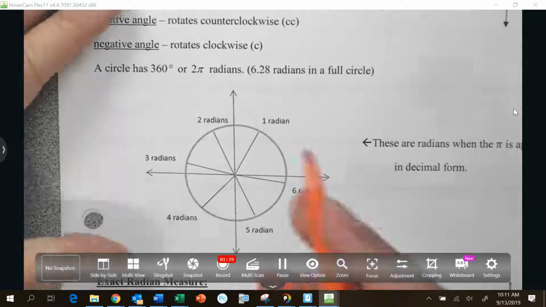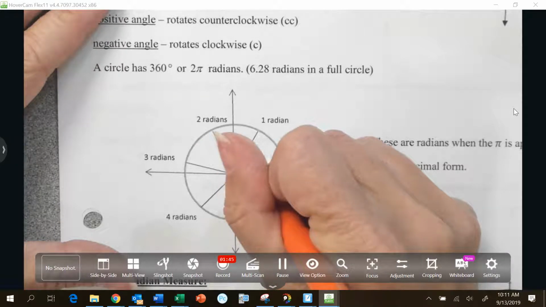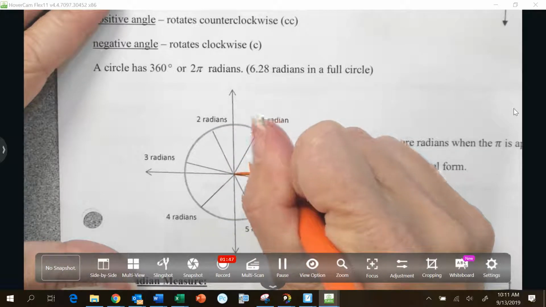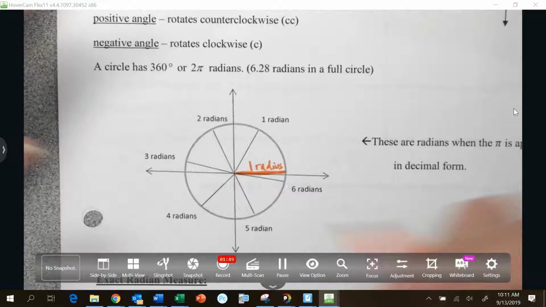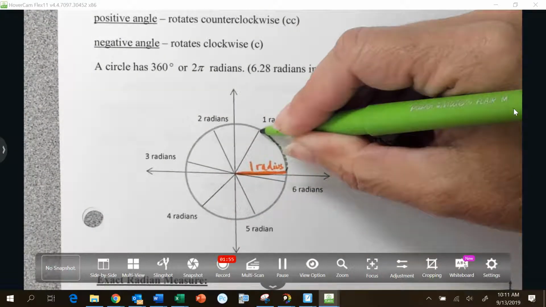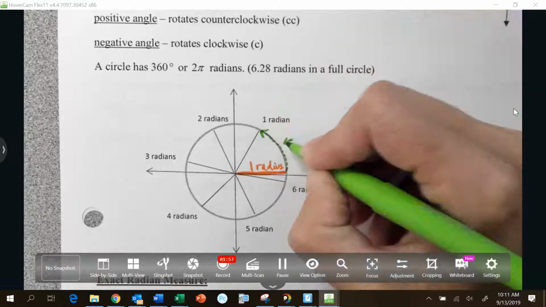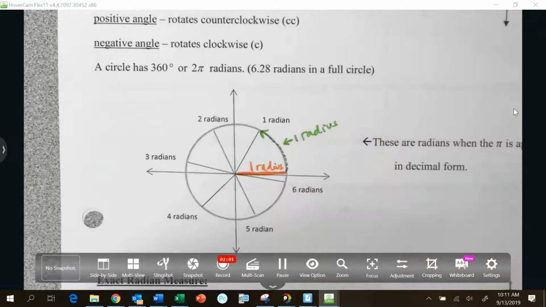And where radians comes from is they take the radius of the circle, and they take the exact same measurement, but bend it around the circle. So it's like part of the circumference.